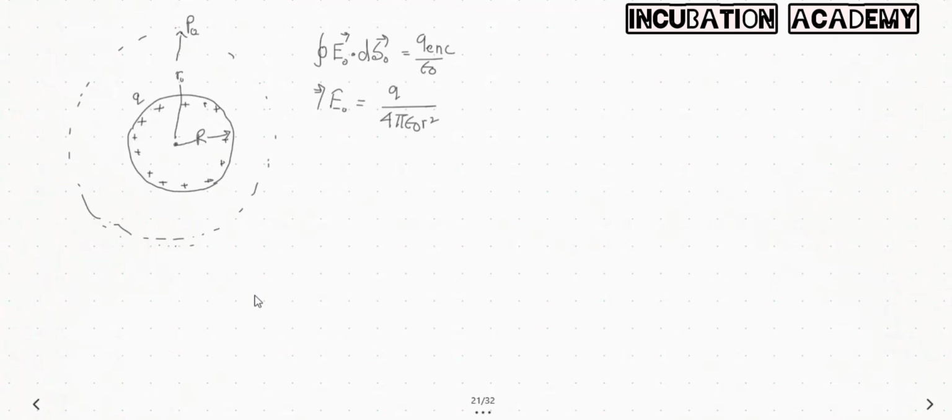But if you want to find the electric field at any point inside, that is Pi, then we have to consider another spherical Gaussian surface of radius Ri. Now if I apply Gauss's law again, then Ei dot dSi equals Q enclosed divided by epsilon naught, so this becomes Ei multiplied by 4 pi Ri square.